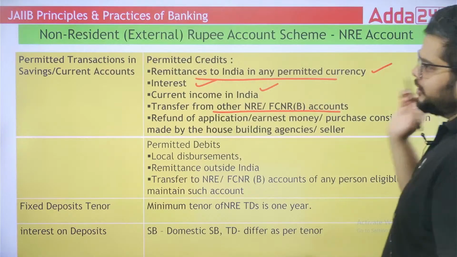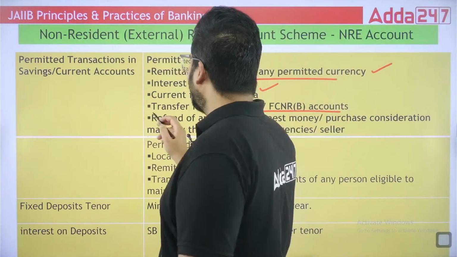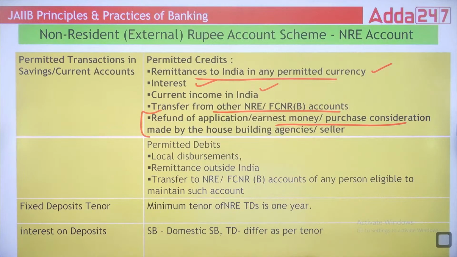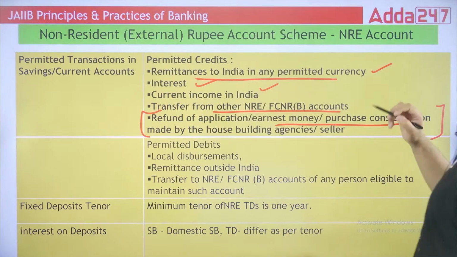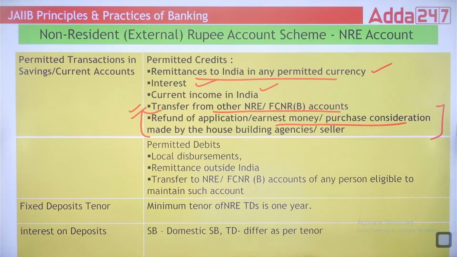But when we talk about the refund, this is a common question in the mind of bankers: whether refund of application or earnest money or purchase consideration made by house building agencies or sellers can be done or not. Yes, this refund is fully permitted in the case of credits.